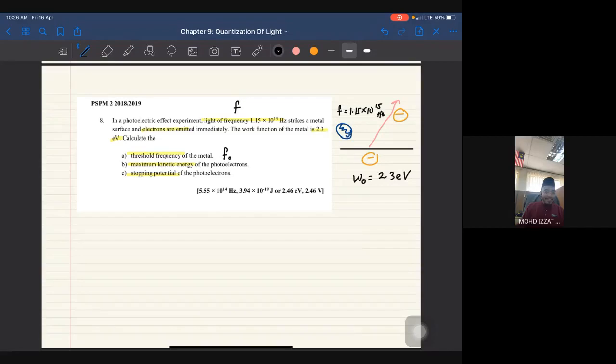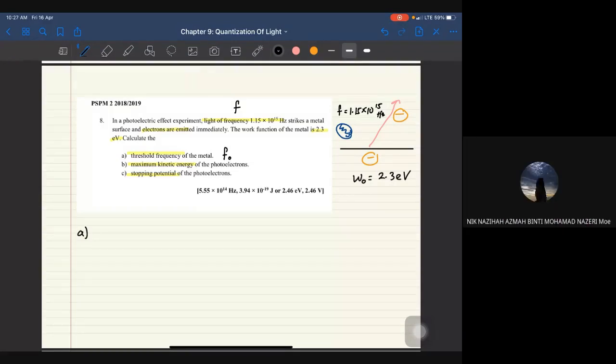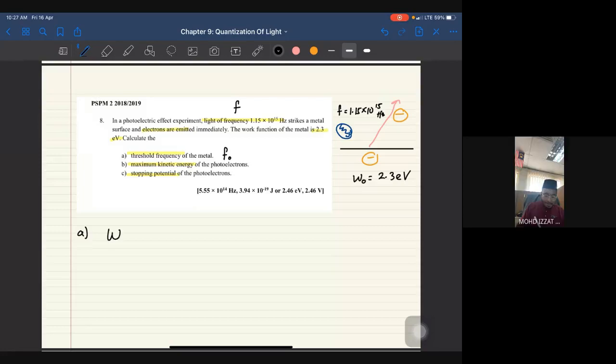If you want to find F naught, what formula do you want to use? W equals H F not. Okay, correct. So W naught equals H F naught.